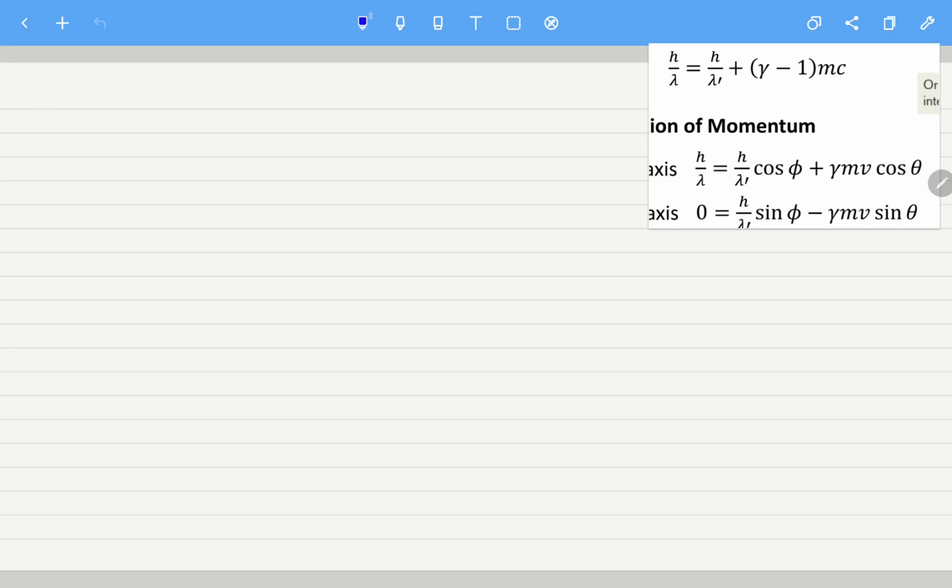For this one, we have gamma mv cosine of theta equals h over lambda minus h over lambda prime cosine of phi. So this is the first one. And then for the second one, we move this term over. So we have gamma mv sine of theta equals h over lambda prime sine of phi, like this.